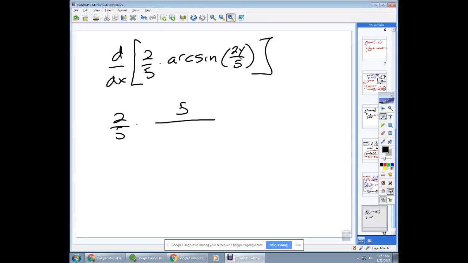All right, so then let's see, down here, I'm going to get a 5 squared in the square root minus the numerator squared. Wasn't that it? And there's one more thing, the derivative of 2y is 2.